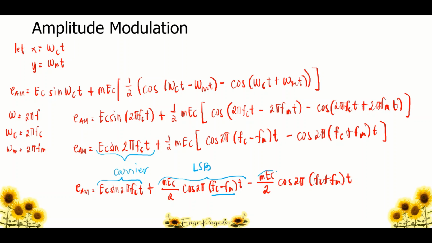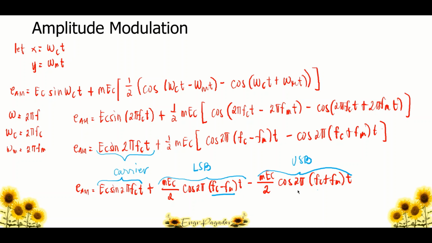And the third part is the upper sideband kasi meron tayong FC plus FM. So, we can say that by algebraically adding the carrier and the two sidebands, si lower sideband and upper sideband, signals together, the standard AM waveform described earlier is obtained.